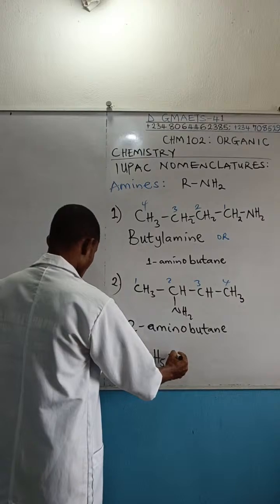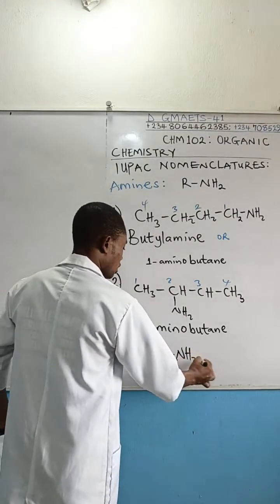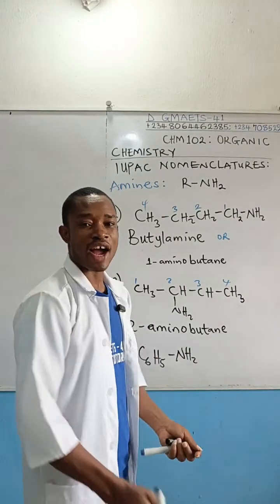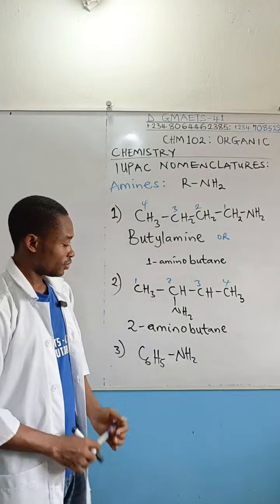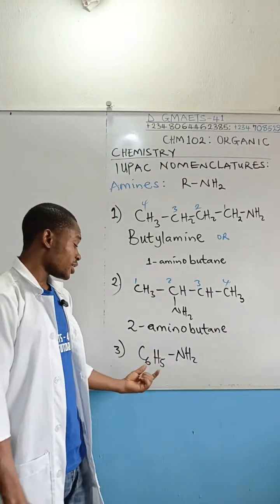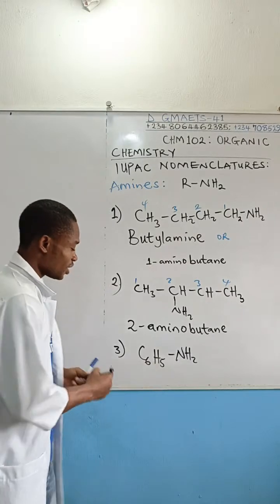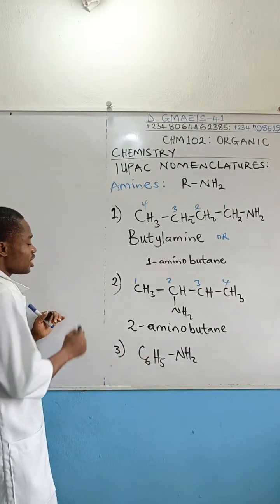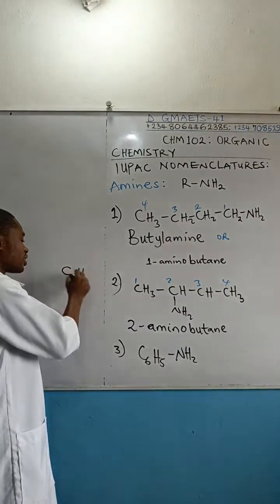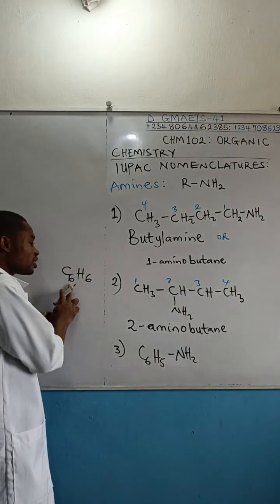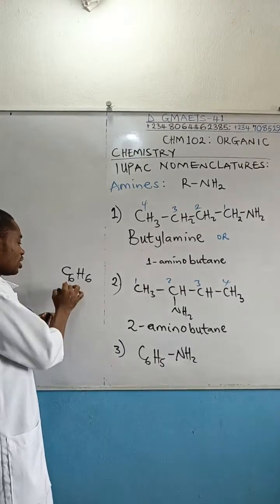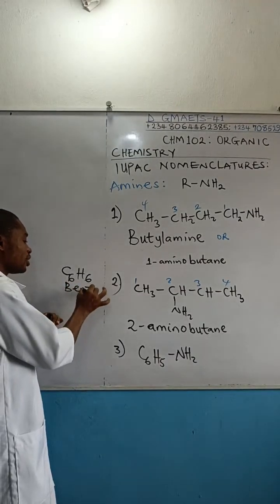C6H5 and then NH2. C6H5NH2. You see this? This is not an alkyl. In chemistry, you see this C6H5. It is obtained from C6H6. C6H6 is benzene.